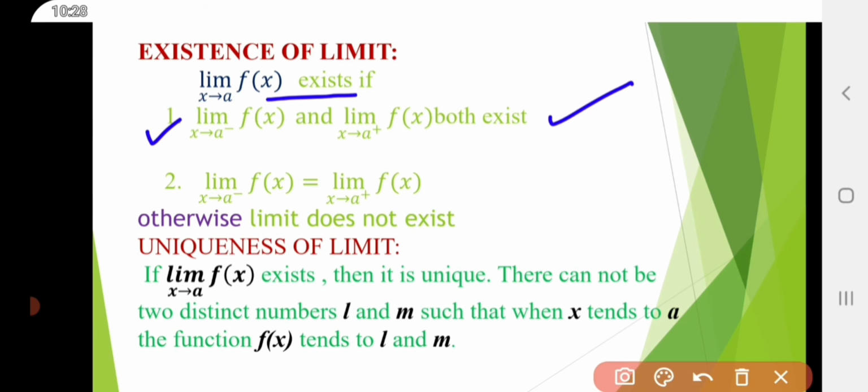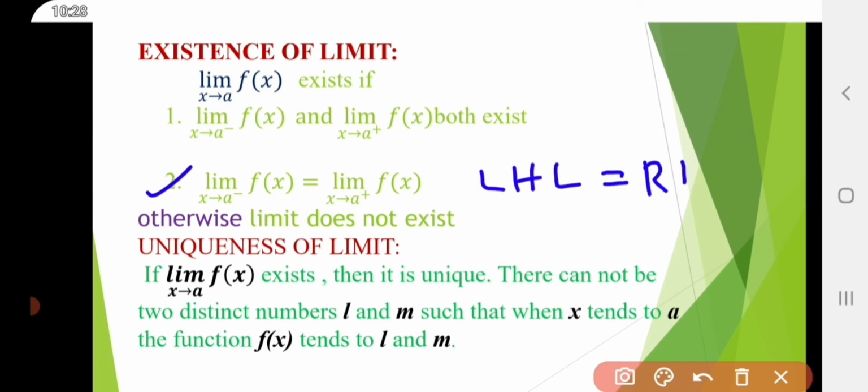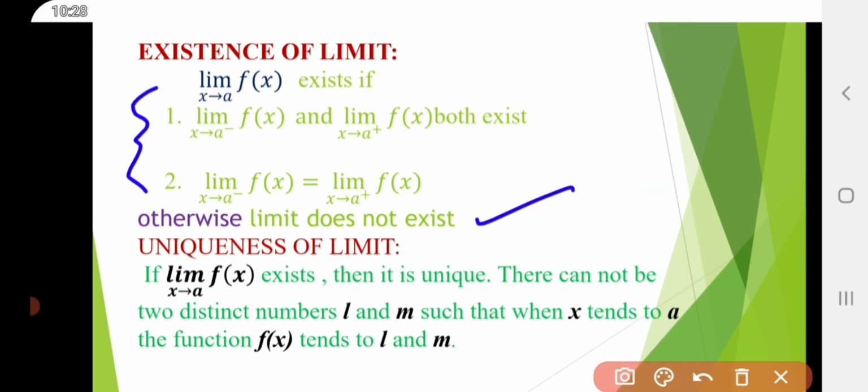This is the first condition. The second condition is left hand limit is equal to right hand limit. Otherwise, limit does not exist. So these two conditions must be satisfied for the existence of limit.